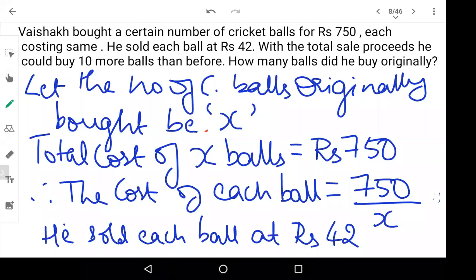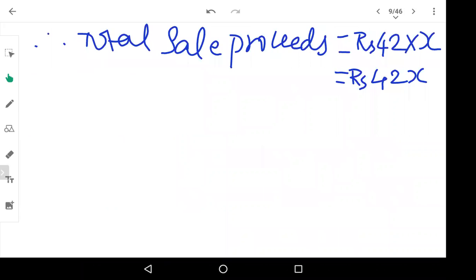Okay, now see the third sentence. With the total sale proceeds, he could buy 10 more balls than before. So with the total sale proceeds, whatever he had, he was able to buy 10 extra balls.